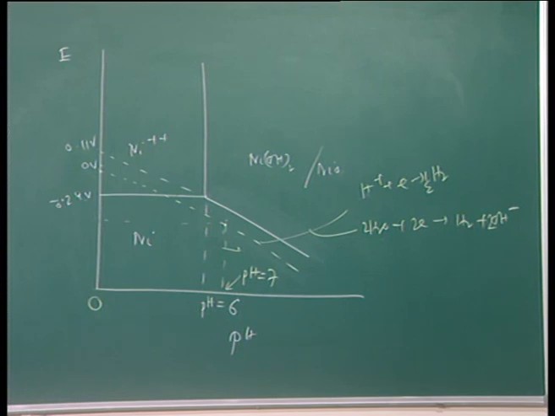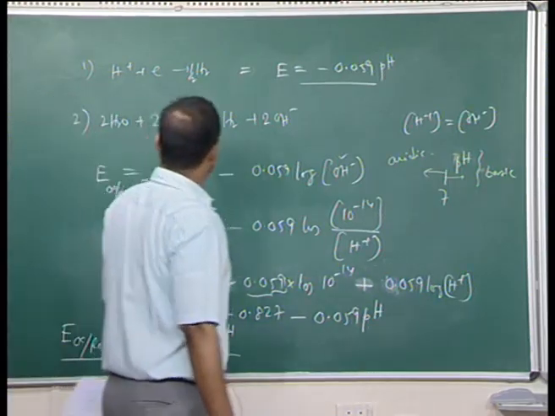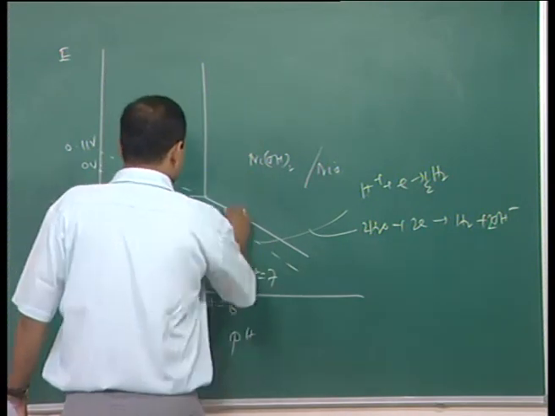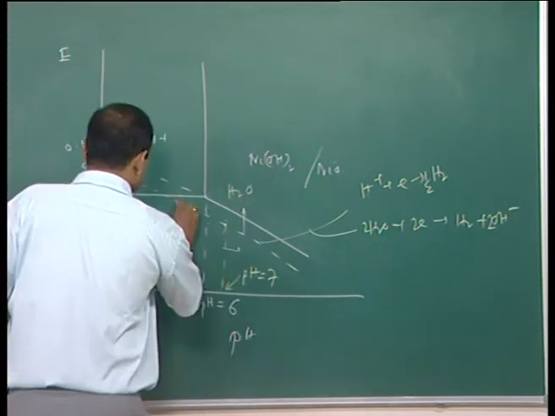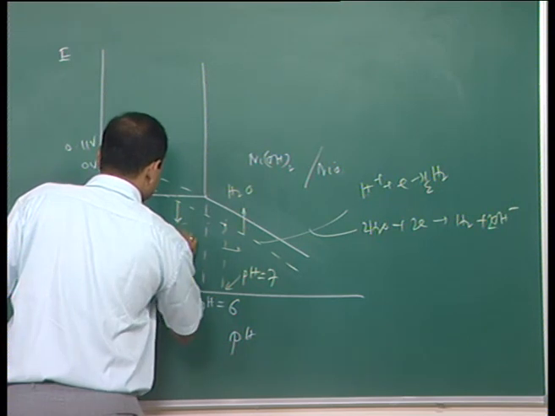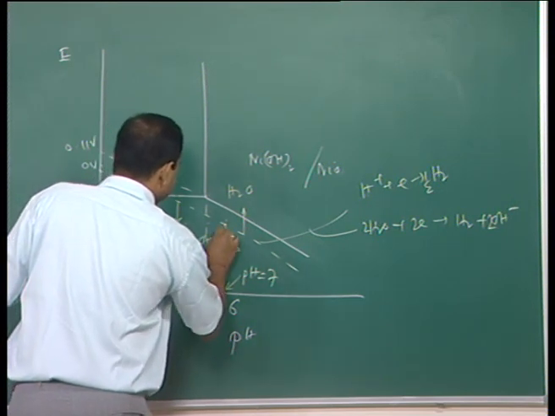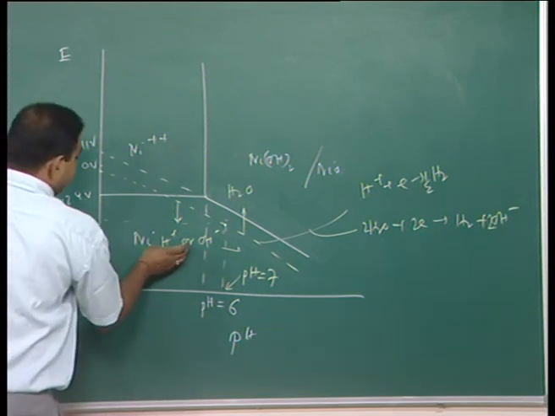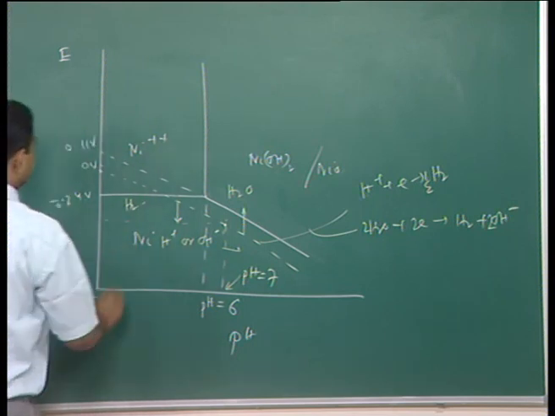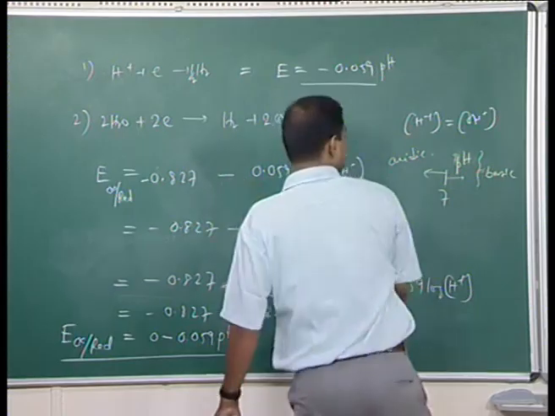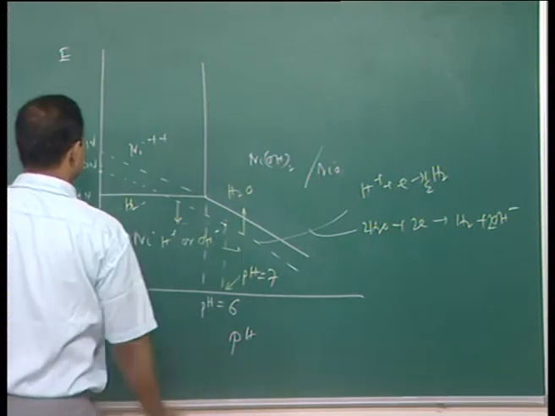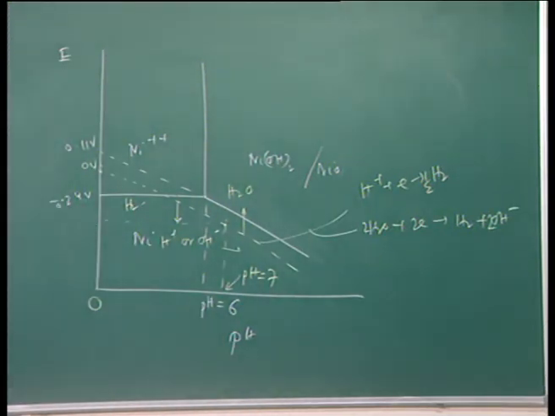Now, if you see this reaction, you can understand that above this line H2O is stable, and below this line H plus or OH minus both are stable. So this is the stability line for H2, and above this line would be the H2O stability region.